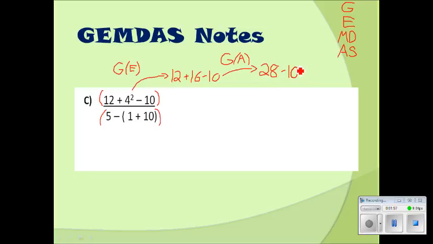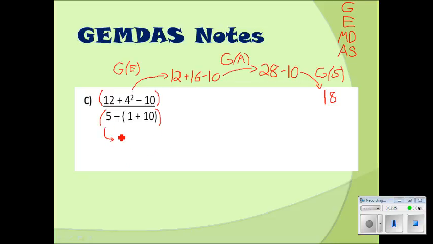And I am left with 28 minus 10. Finally, inside my group here, I have just one operation. That is subtraction. And 28 minus 10 gives me an 18. That's my numerator. Now let's look at my denominator.